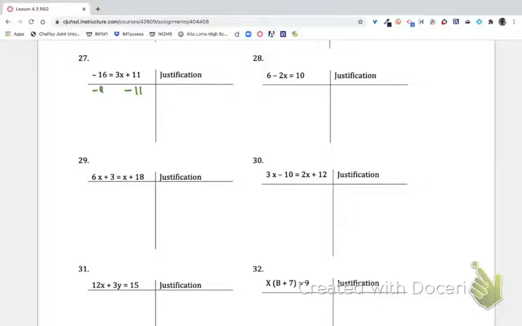So we've got 3x plus 11, find the inverse of 11. And this is the addition property of equality. And we would have negative 27 equals 3x. From there, we would divide both sides by 3.